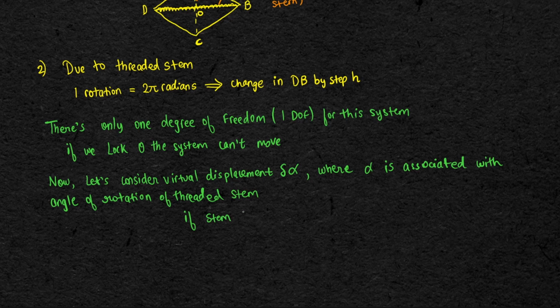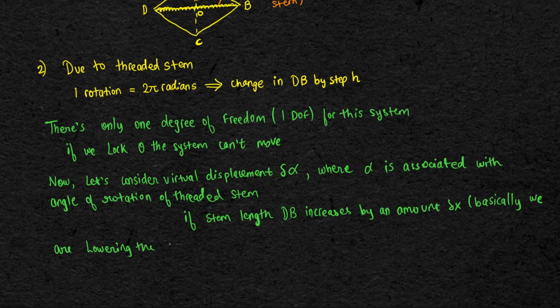For example, when we are lowering the system, the change del x, which is a small change in length DB, is equal to h times del alpha over 2 pi. That means if for rotation of 2 pi radians we get change in length h, then for del alpha rotation, we get the change in length del x given by this equation.